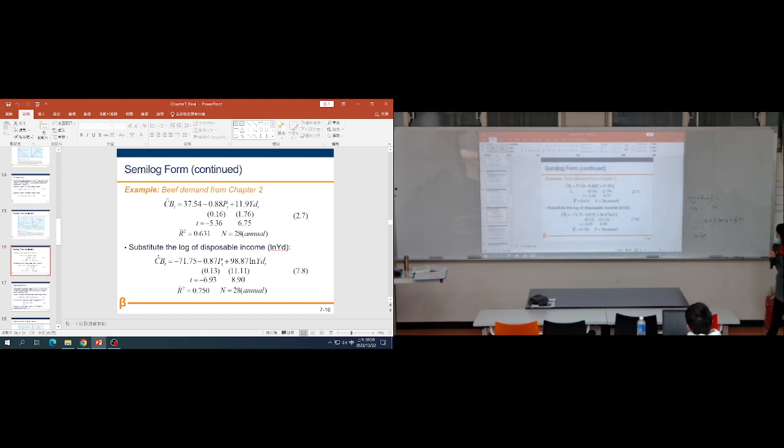7.8. Why? Okay, we can compare just the R square.